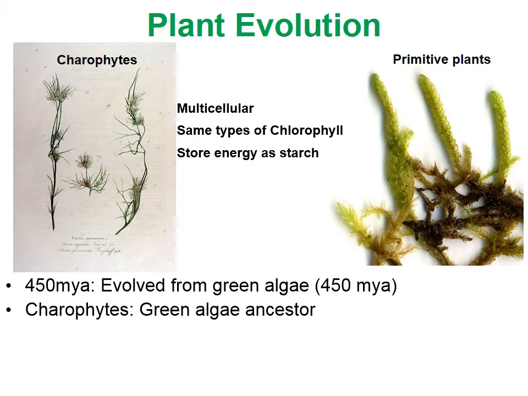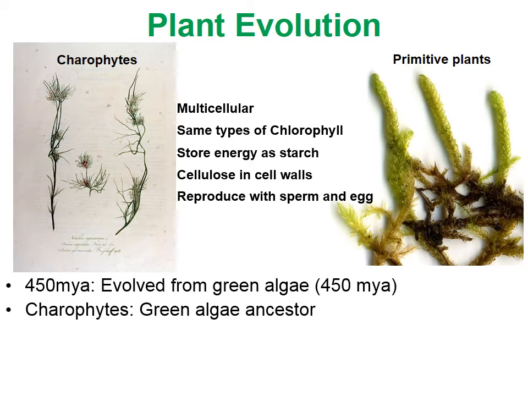Through photosynthesis, they make sugar, and then that sugar is converted into starch as a stored source of energy. Both have cellulose in their cell walls, and this is a common feature between the green algae ancestors and primitive plants. And also, both reproduce with sperm and egg.